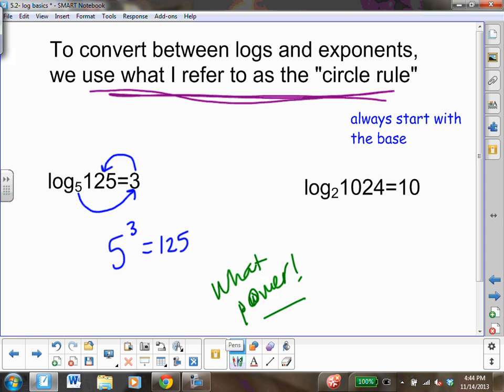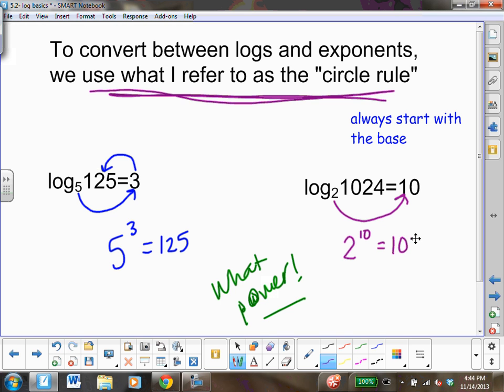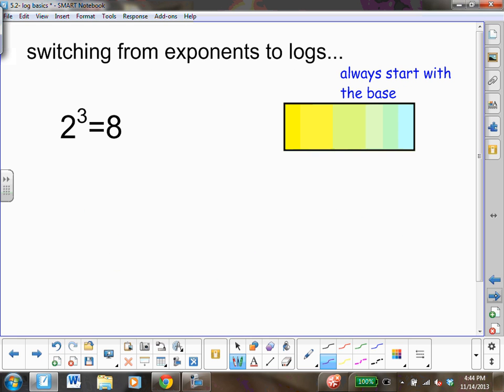Let's do another one. So the log base 2, so that means my exponent base is 2, to the 10th power has to equal 1024. To switch from exponents to logarithms, again, we always start with the base.